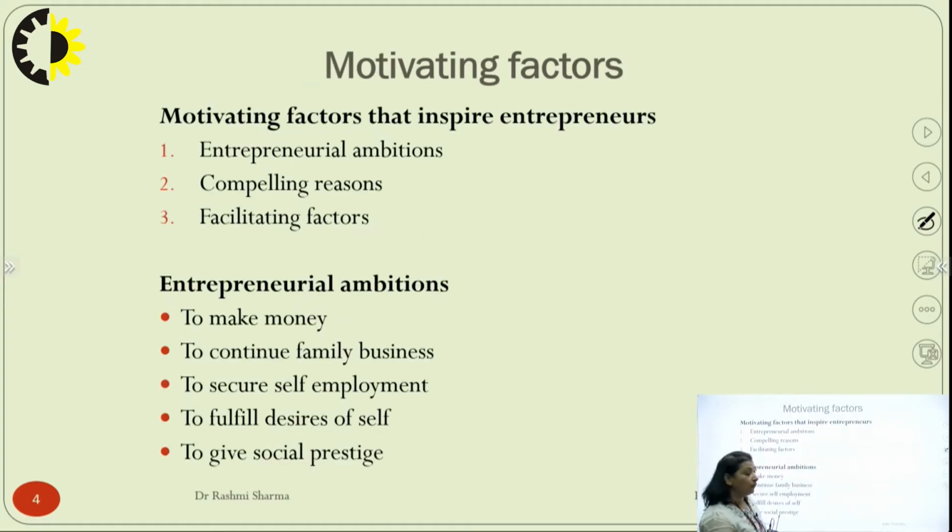Okay, so what can be the motivational factors for an entrepreneur? There are three basic motivational factors. First is the entrepreneurial ambition. Obviously, what are the basic ambitions for an entrepreneur?